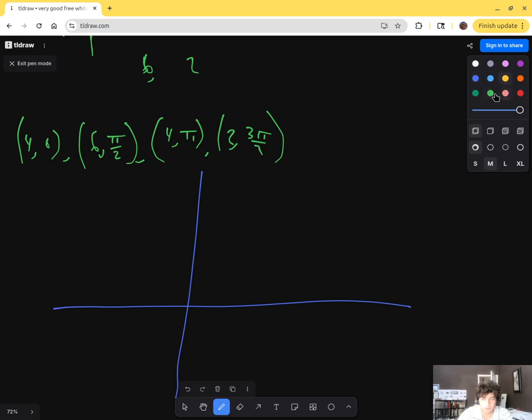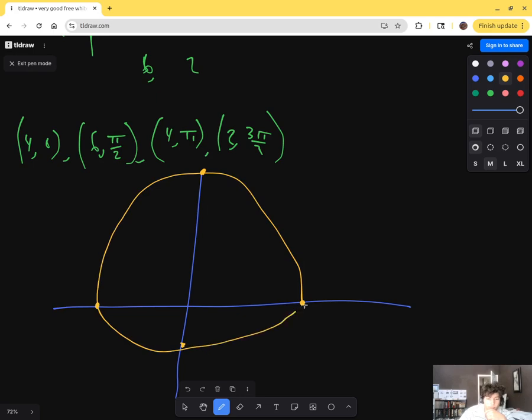So we have 4 comma 0, right here, 6 pi over 2, way up here, 4 pi, here, and 2 at 3 pi over 2 is right here. It kind of looks like an egg. And that'll be all for this video.